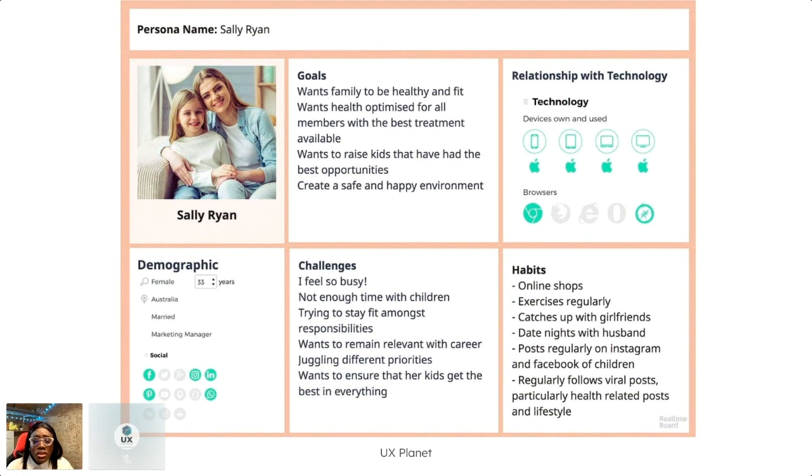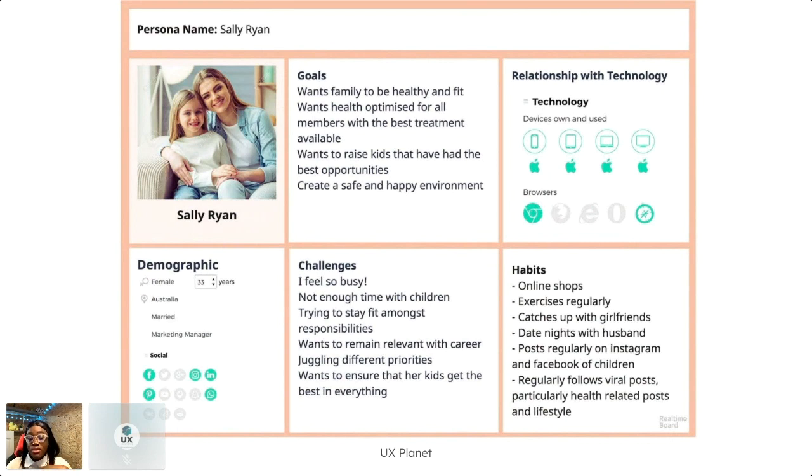We have a nice looking picture there. We have a name, demographics at the bottom. Okay. Goals in the middle, which is she wants her family to be healthy and fit. She wants health optimized for all members. Wants to raise kids that have the best opportunities, wants a safe and happy environment, and so on.